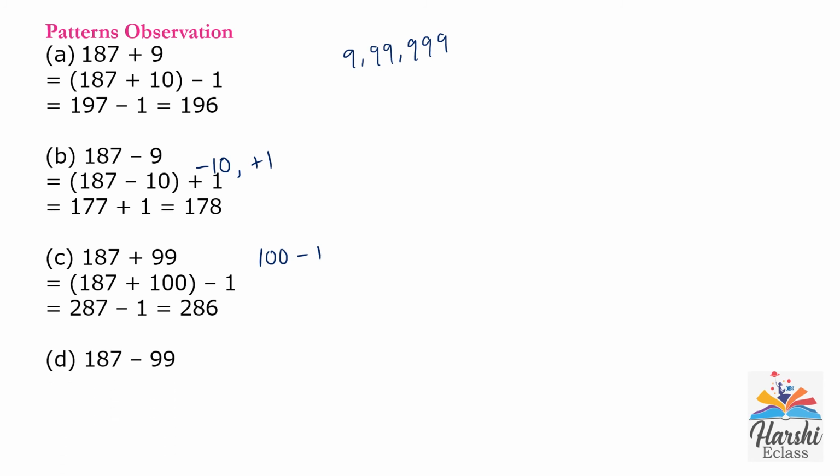Next, subtracting 99. For subtracting 99, we will subtract 100 first, then add 1 to that difference. 187 minus 100 is 87, plus 1 is equal to 88. In this way, we can subtract and add 99 to a number.